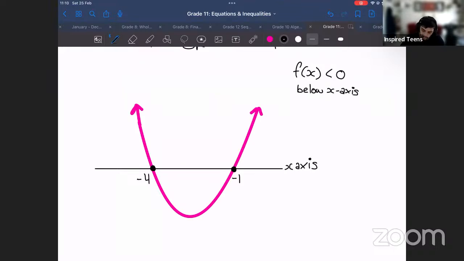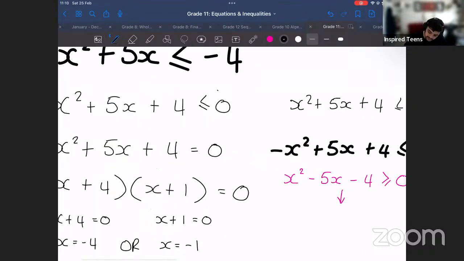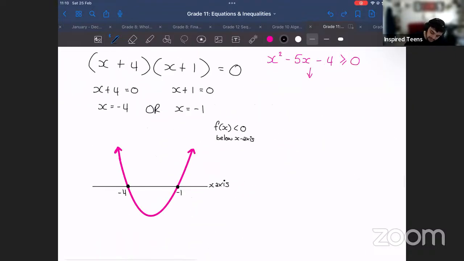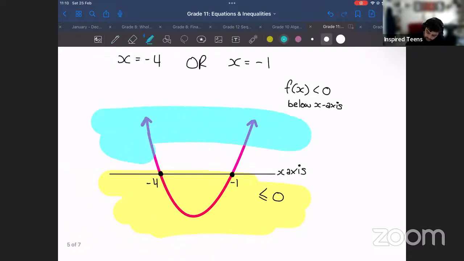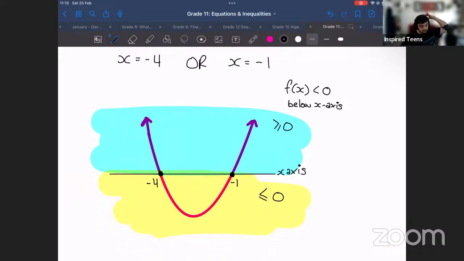So when your inequality is less than 0, you are going to identify the parts of this graph which are below the x-axis. When the inequality is less than 0 or less than or equal to 0, it doesn't matter. We just change our answer to include or exclude. When it is above, we identify those parts of the parabola which are greater than or equal to 0. That's always the case.